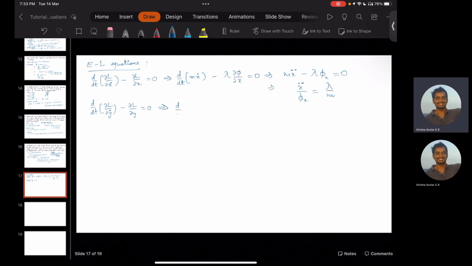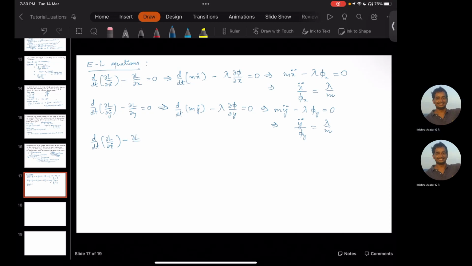Repeating the same procedure as above, we'll have d by dt of m y dot minus lambda times the partial of phi with respect to y equal to 0. And this implies that m y double dot minus lambda phi y is equal to 0, so y double dot by phi y is equal to lambda by m.